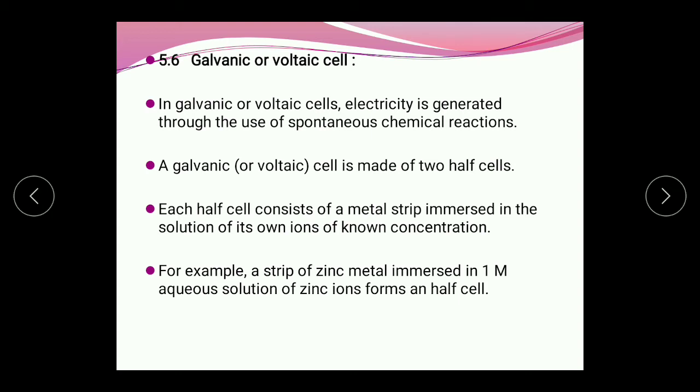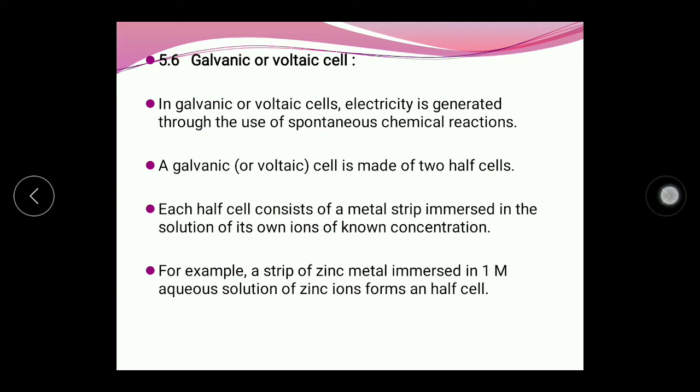So we take any salt, dissolve it in water or in an aqueous medium, and dip the strip of that metal in that solution, and that becomes your half cell. Understood? Now, we require two different half cells to construct a galvanic cell.